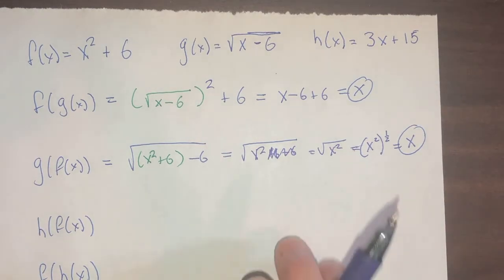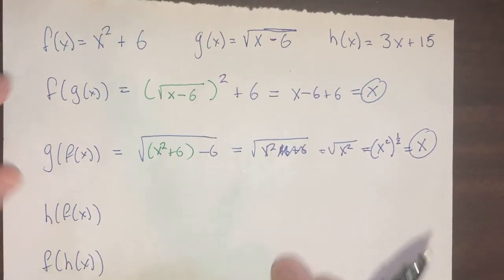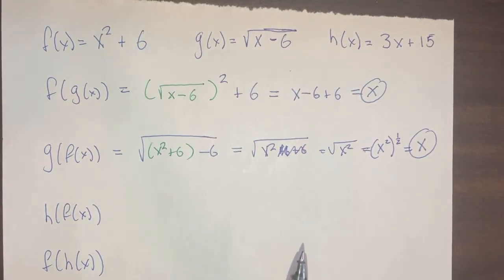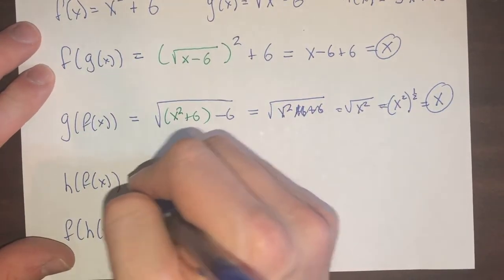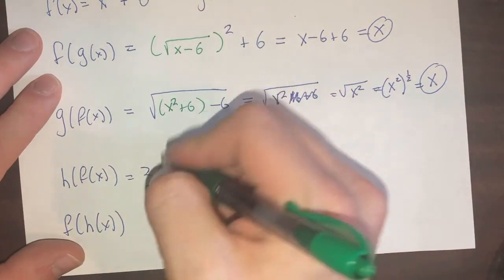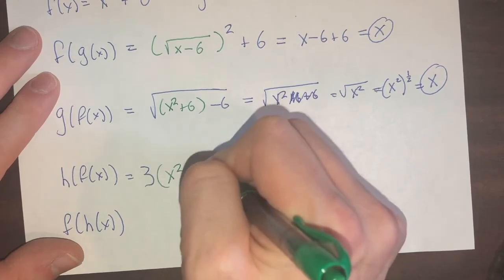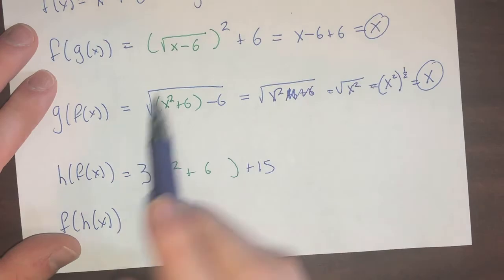Okay, h of f of x. h of f of x means we're taking what and plugging it into what? We plug f into h, okay? So here I go. x squared plus 6 plus 15. I do my wave check.